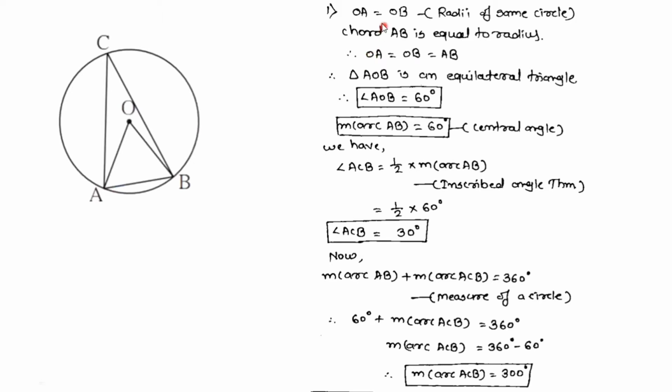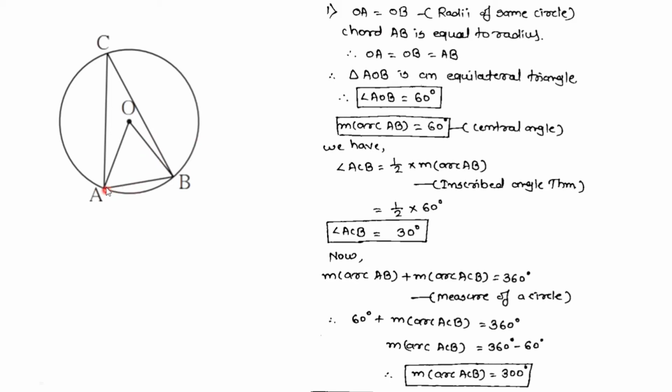Now to start with, we are given that there is a circle with center O, and here OA and OB are the radii of the same circle. That's why they are congruent. And it is given that chord AB is equal to the radius. That means OA is congruent to OB is congruent to AB.